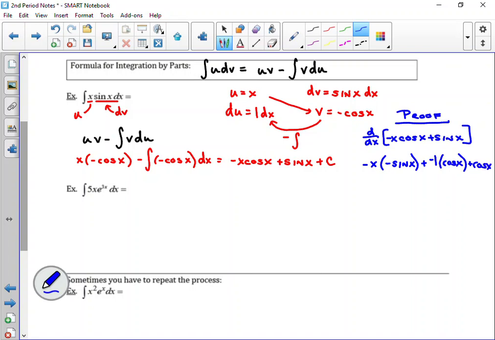And so I have a negative cosine x plus cosine x, that cancels, and the negative times the negative is x sine x. So that proves that the derivative of this is that, right? You don't need to do the proof. It's just showing you that integration by parts works.